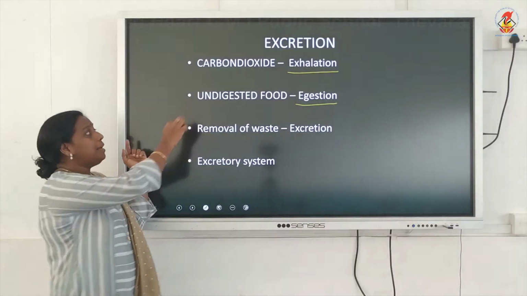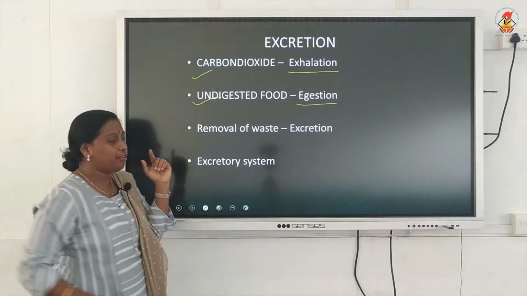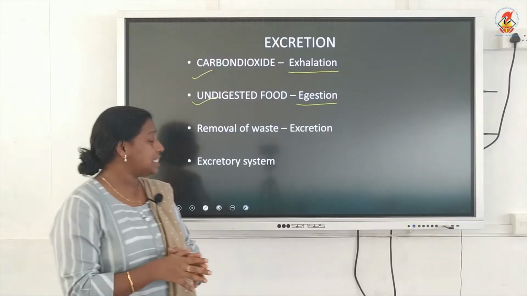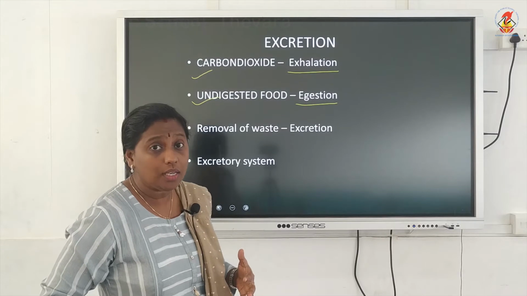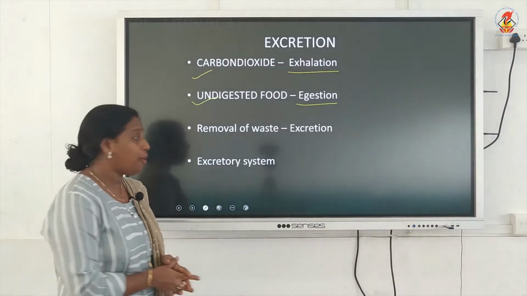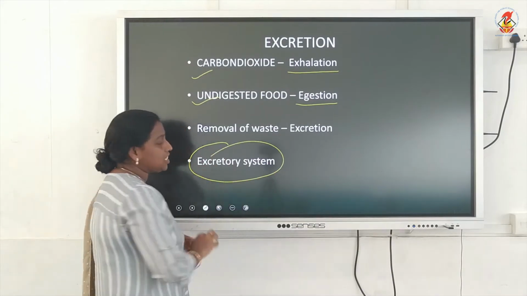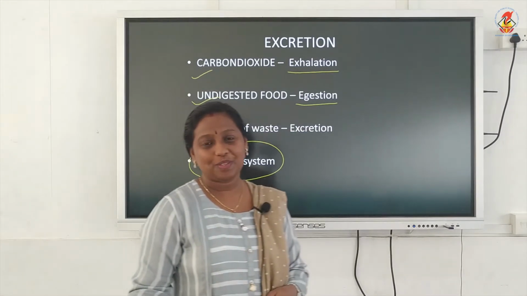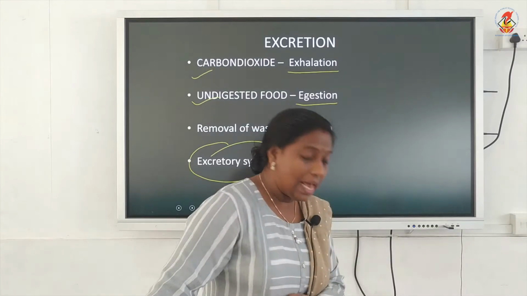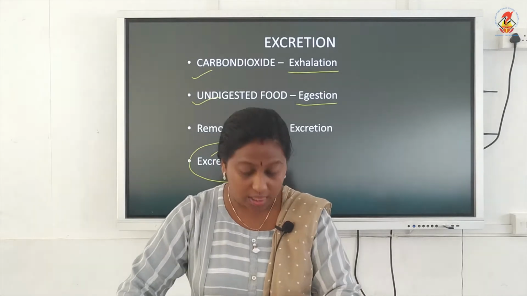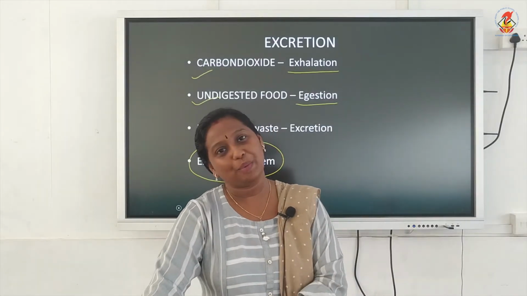Other than carbon dioxide and undigested food, all the other waste materials have to be excreted out with the help of a system in your body called the excretory system. The excretory system in your body will help in removing all the toxic waste of your body.